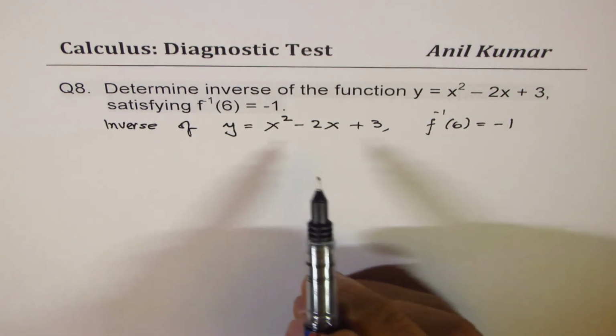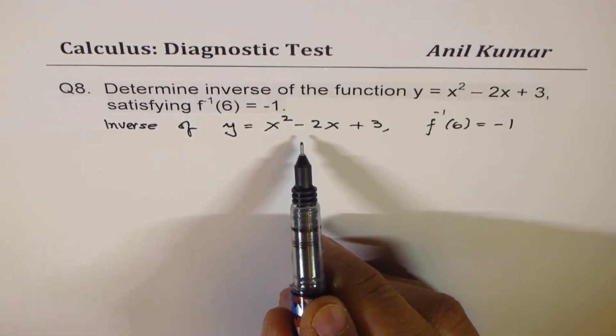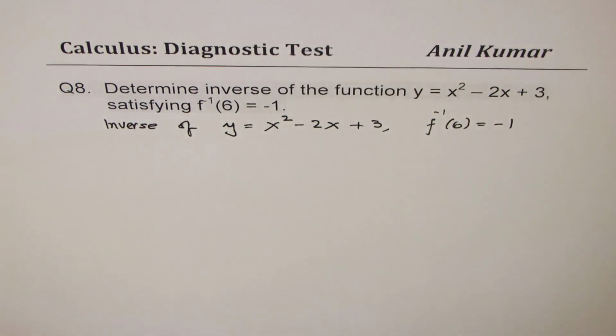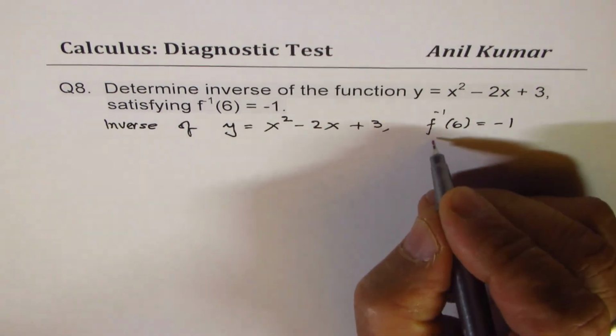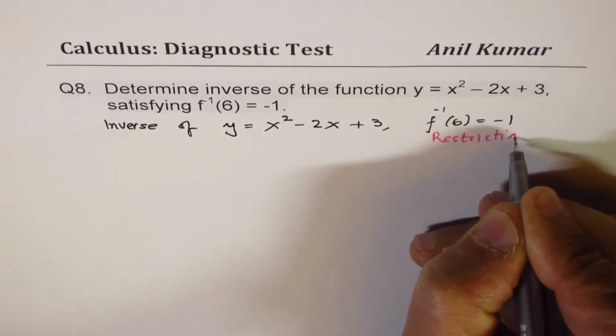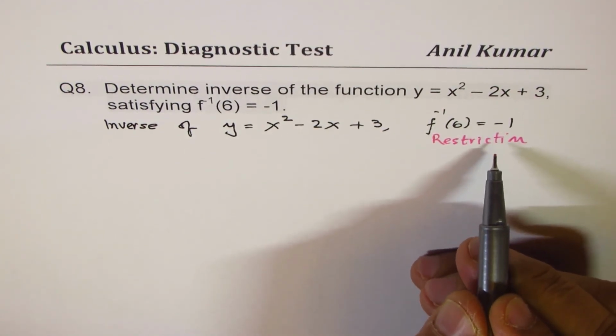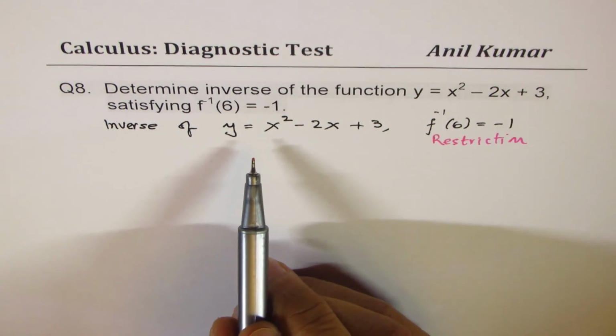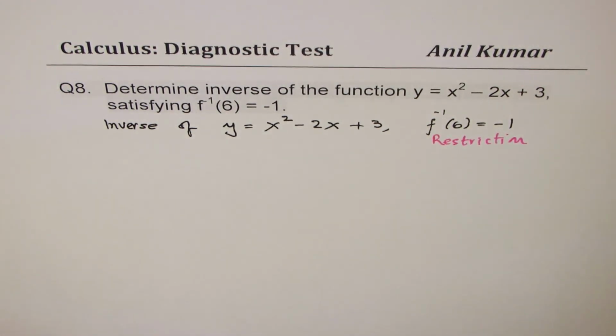As you know, inverse of a quadratic function is not a function. So if you do some restrictions, it becomes a function. So basically, this is a restriction which will help you to decide plus or minus sign at the end.